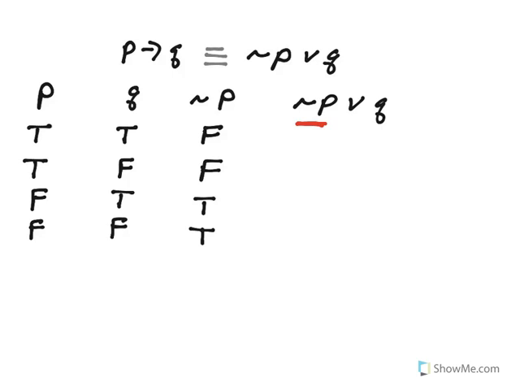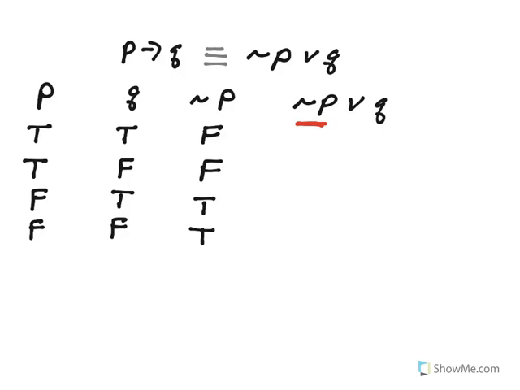We list the negations of every statement in the original P column, because the negation is always the opposite.